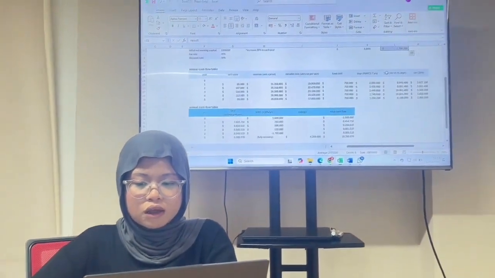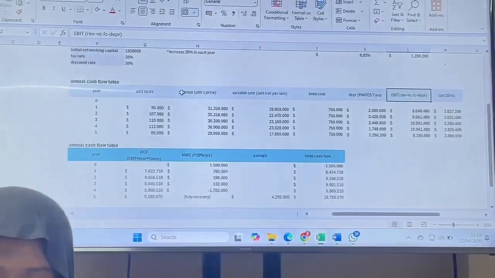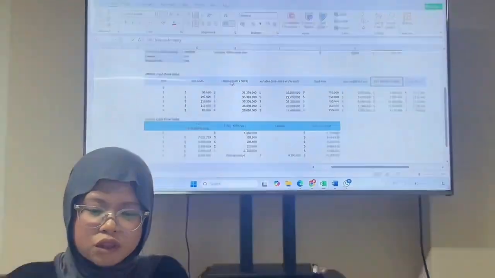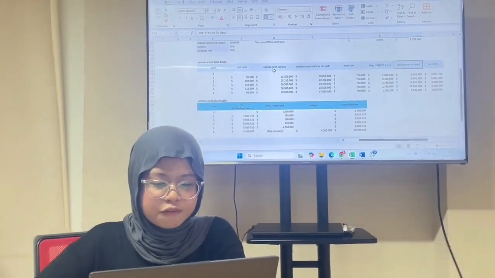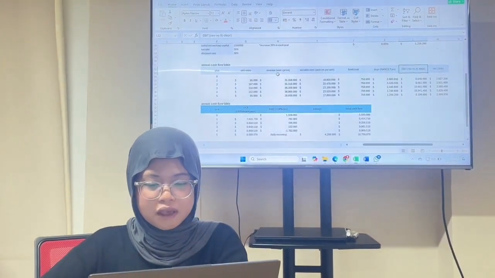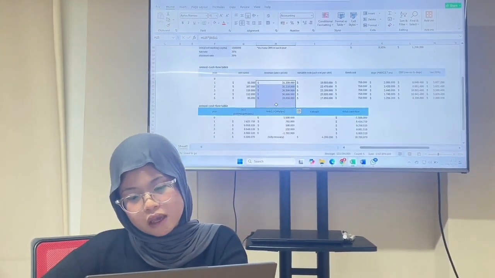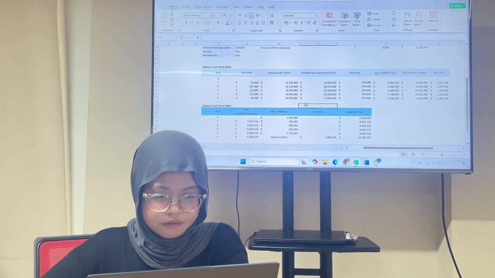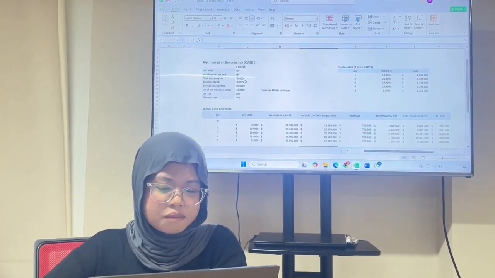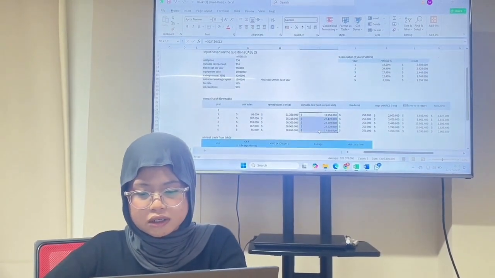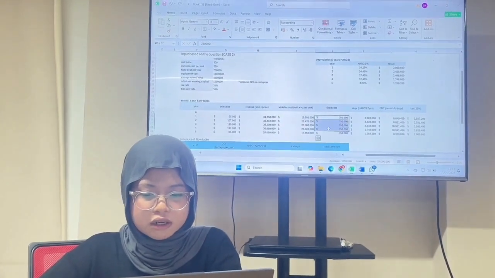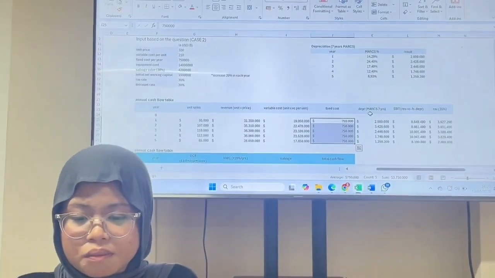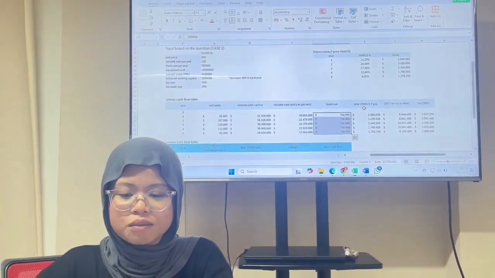Now we are calculating the EBIT first by knowing the revenue, multiplying the units and price from year 1 until 5, and here is the result. Next, the variable cost, by multiplying the units with the variable cost given by the question. The fixed cost is already given by the question, while the depreciation is what I already mentioned before.